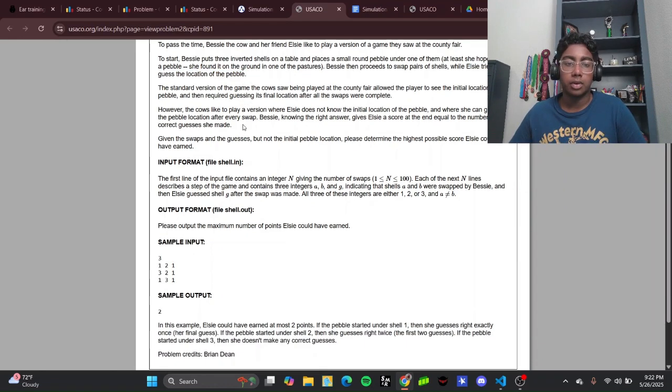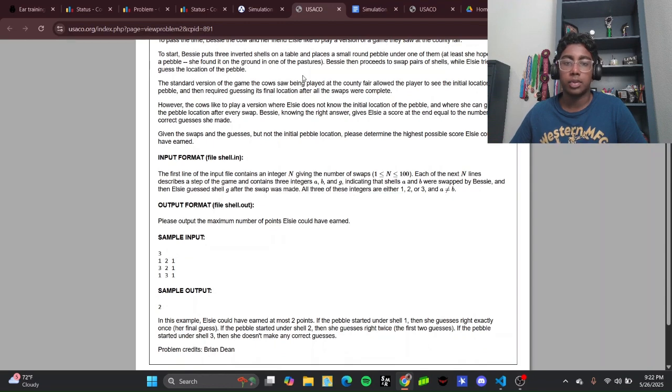Now, the normal version that they both saw let the players see the initial location of the pebble, like which shell it was originally under, and then made them guess the final location after all the swaps were done.